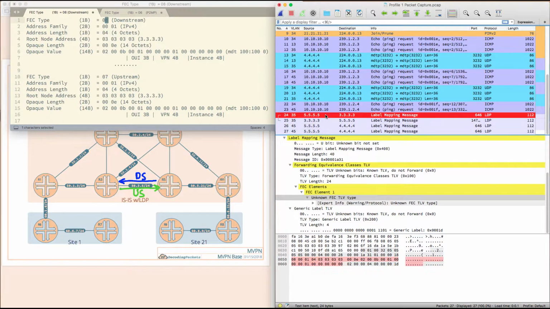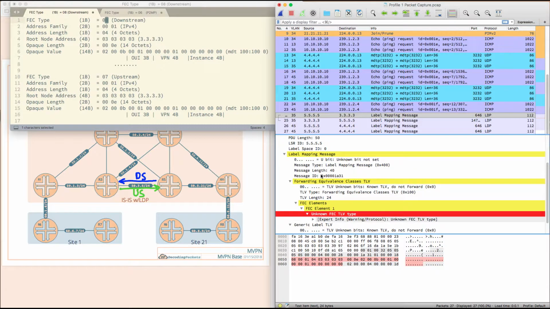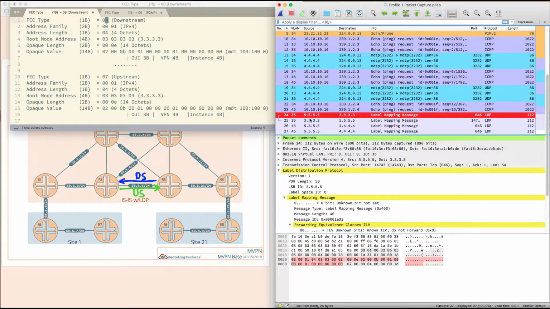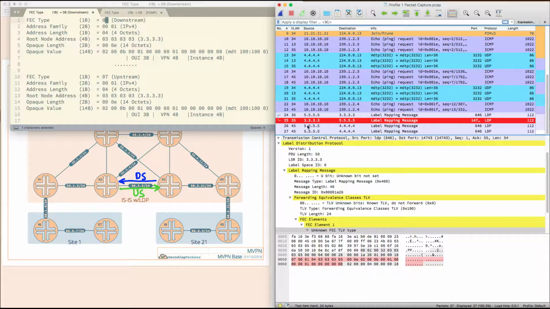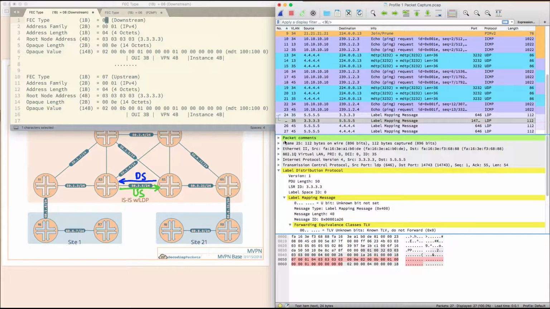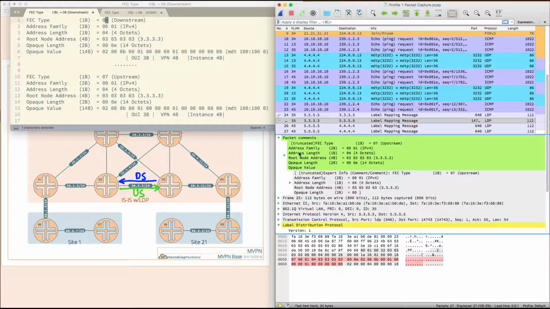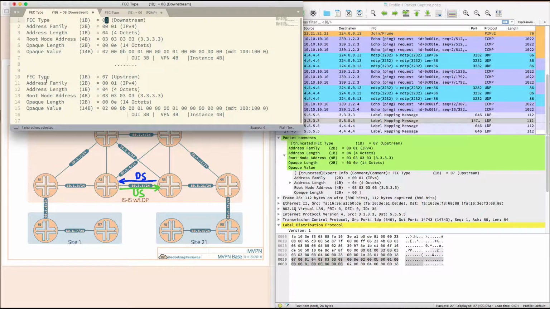And I will share this capture file out with you. If you look at both of these packets, so packets number 24 and 25, the MP2MP FEC packets, they both have packet comments associated with it. And in the packet comments is where I have included all of this information.